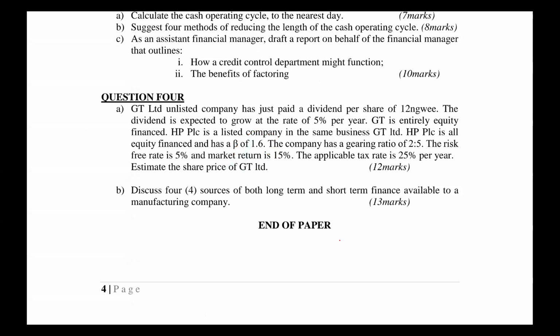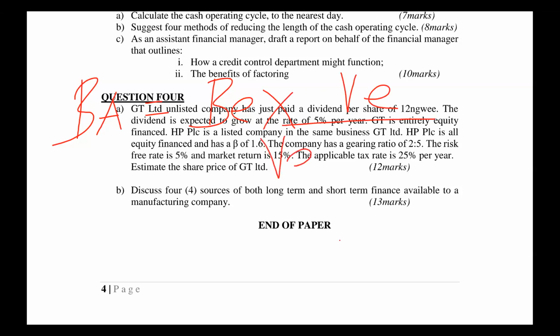The asset beta is found by taking the geared beta, the equity beta of any company in the same industry as the unlisted company, multiplied by the value of equity of the geared company divided by the value of equity of the geared company plus the value of debt of the geared company, multiplied by 1 minus tax. This is the formula used to find the asset beta. It assumes that the company is financed fully by equity.